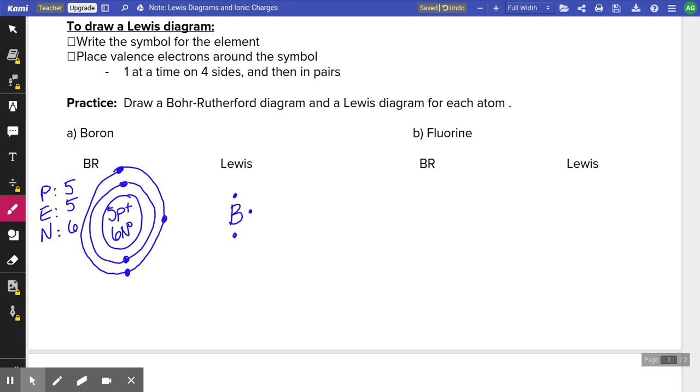All right, so we got our Bohr-Rutherford diagram with our nucleus and the electrons on the shells, and you have to watch me draw terrible circles, and we're all drawing terrible circles, okay? That's why we got the Lewis diagram. So we put our symbol in there, B, with our valence electrons around. Okay, so for fluorine, there we go, Lewis diagram.